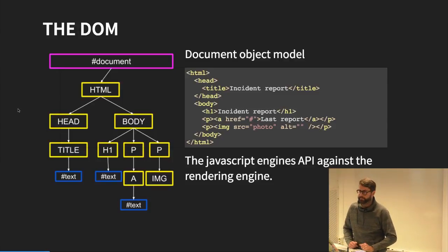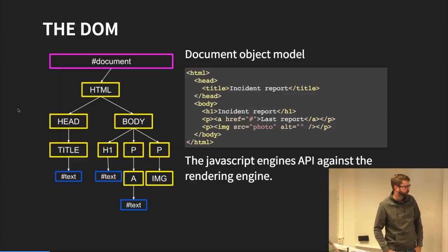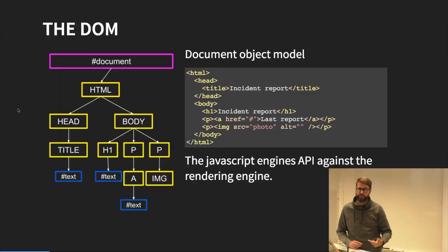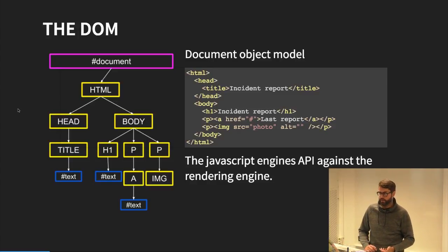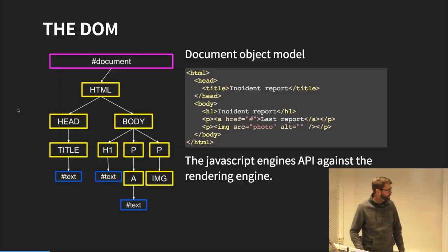I think you can map this quite easily. The DOM is not only a tree representation of the HTML page, it's also the API against the document that we use in JavaScript. So this is the API that we will use to work with elements on a page.